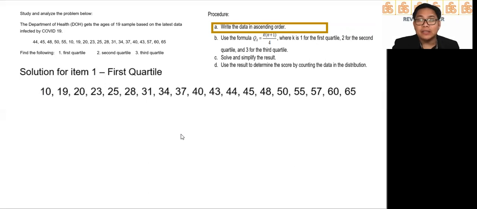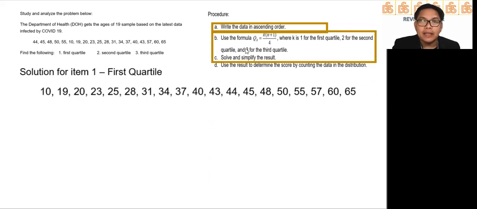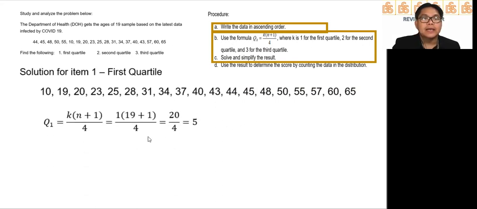After arranging the numbers into ascending order, we use the formula. For the first quartile, K is 1, and N is of course 19, the total number of samples.